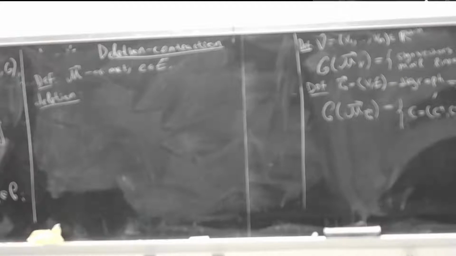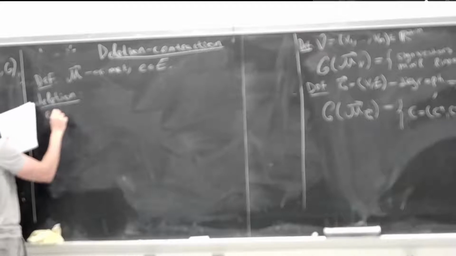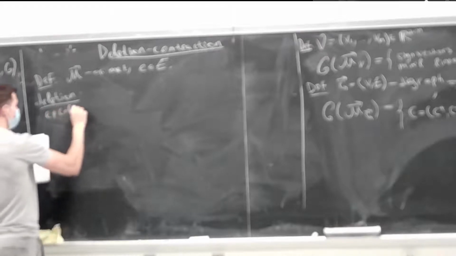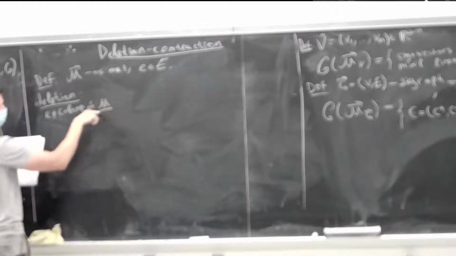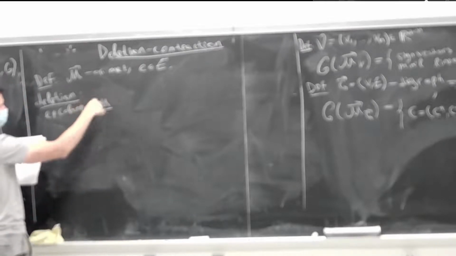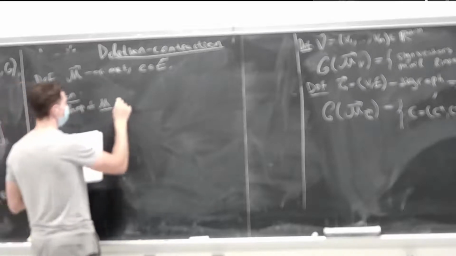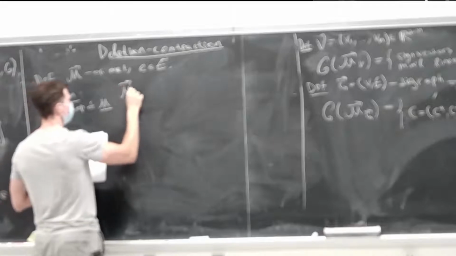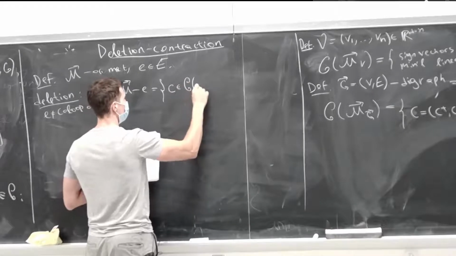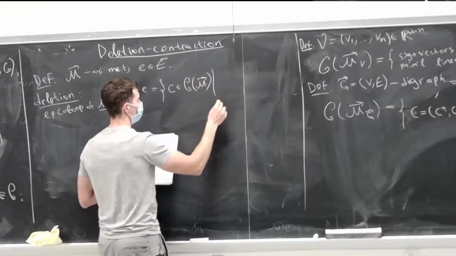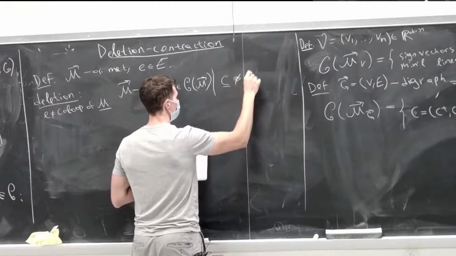Take the circuits that don't contain E. First of all, E has to not be a coloop, as usual. Let me denote by underline M the underlying matroid of my oriented matroid. So if E is not a coloop, then M without E is you just take all circuits whose support does not contain E.